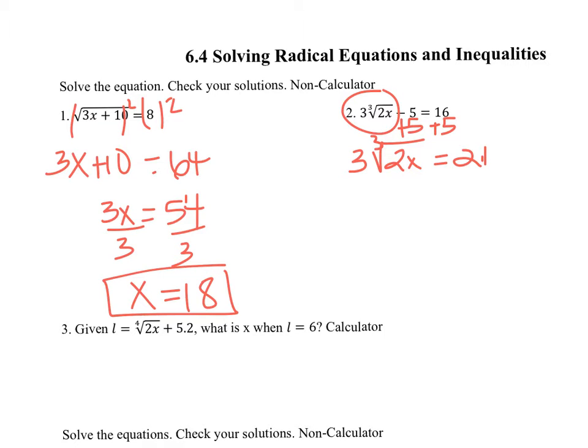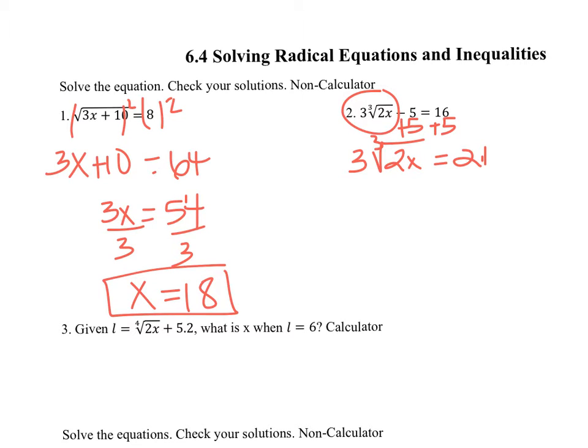Well, there's that 3 sitting outside of that cube root of 2x. We need to get rid of it so we can isolate the cube root, because then I can cube it. And if I cube it, it undoes it, and then I can deal with the 2x. And then I'll be well on my way into solving the value of x.